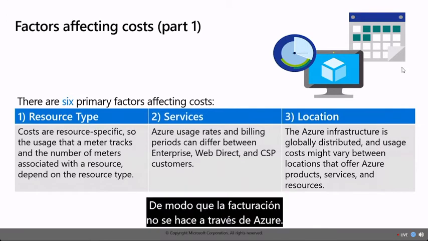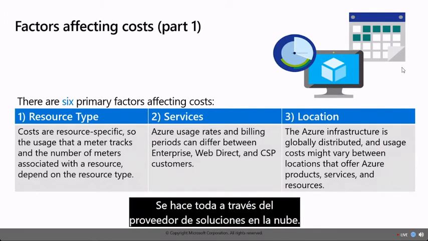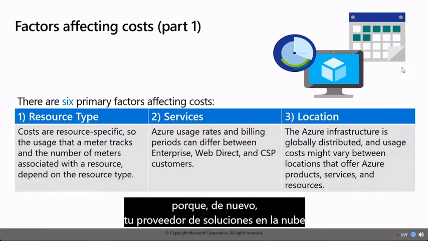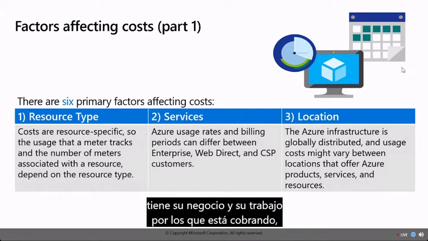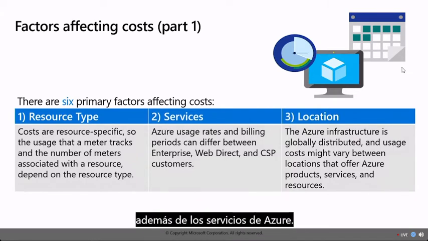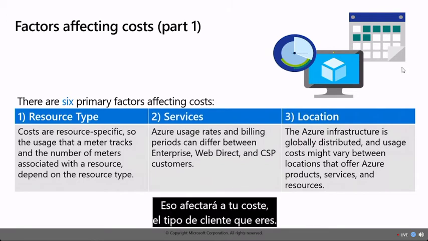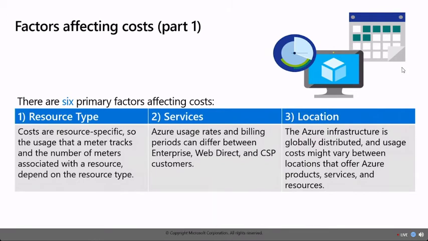So the billing actually isn't through Azure, it's all through the cloud solution provider. Normally, that one does have a slightly higher charge because, again, your cloud solution provider, they have their business and the work that they're charging you for on top of the Azure services. So that is going to impact your costs, the type of customer you are.